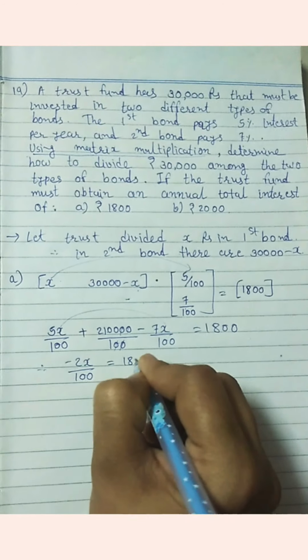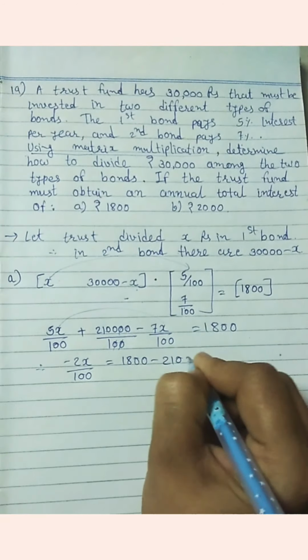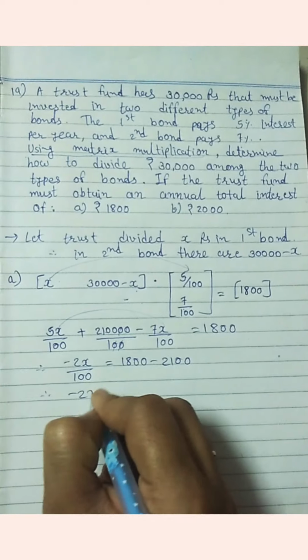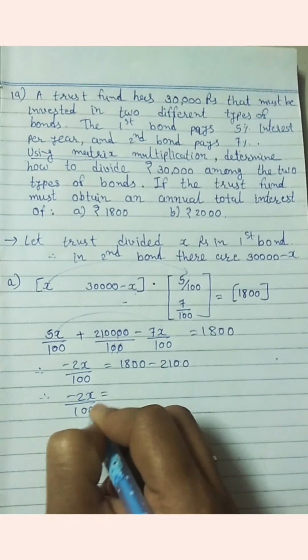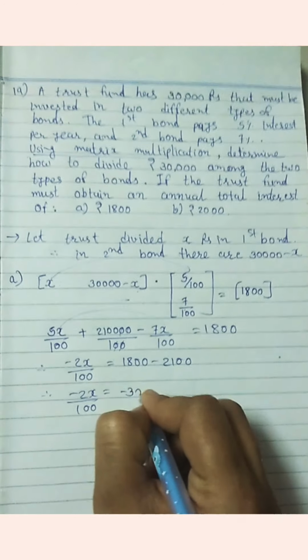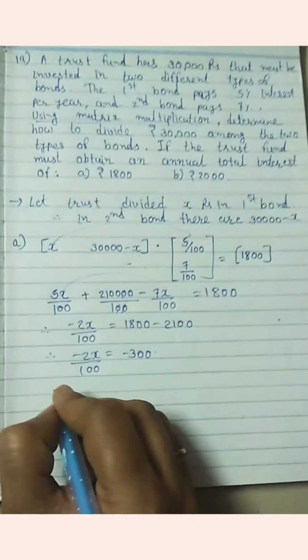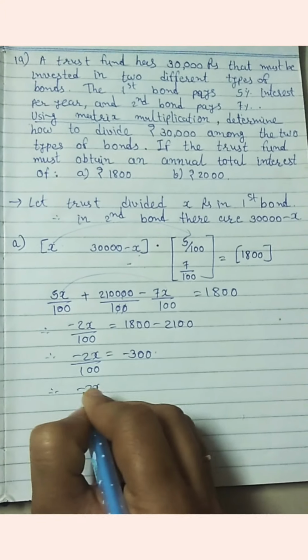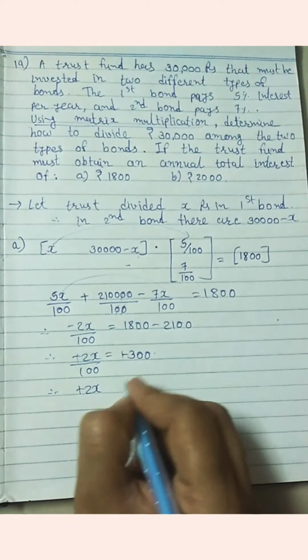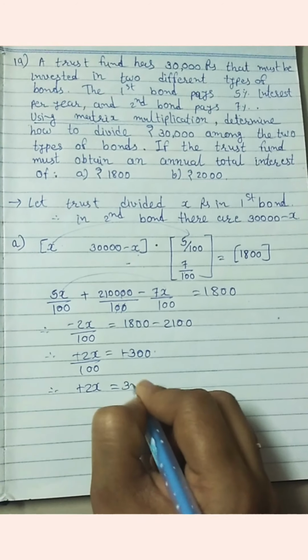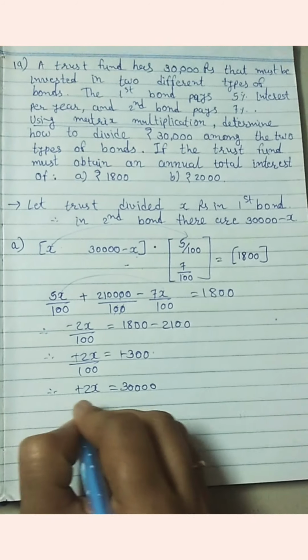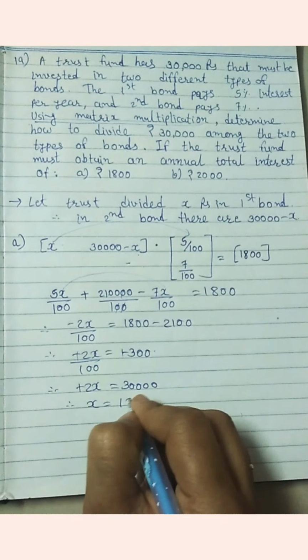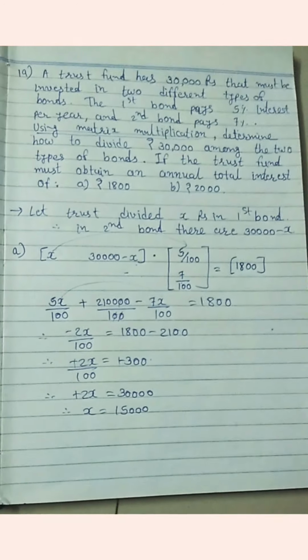I am changing its sides. So minus 2100 minus 2x. I will get here minus 300. So minus 2x. Okay, I cancel out minus from both sides, so I will get 300 into 100, that is 30,000. So x will be 15,000.